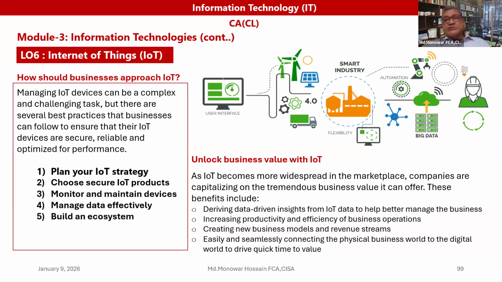It helps in achieving the organization's vision, mission, or goal. We have to plan the IoT strategy, then choose secure IoT products or devices, then monitor and maintain the devices carefully, then manage the data efficiently, then build an ecosystem. So, unlock business value.